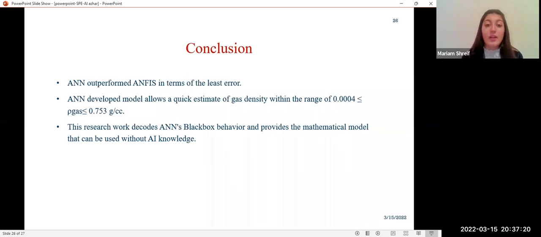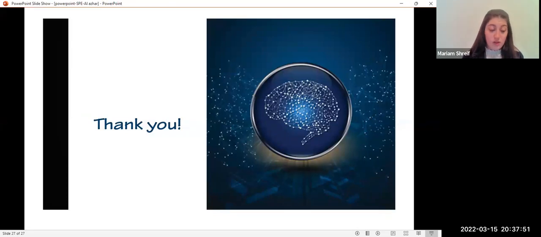So the added value of this research is that we were able to decode the ANN's black box behavior by presenting a mathematical equation or a model that can be used for future applications without the need to have any AI knowledge or to know how to work with machine learning algorithms. By this, I conclude the session, and I'm ready to answer any questions.